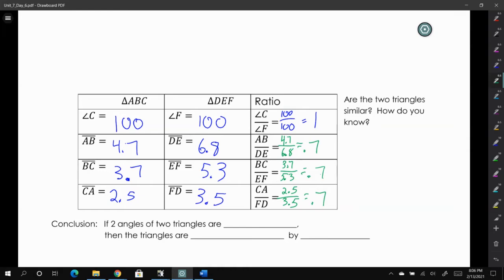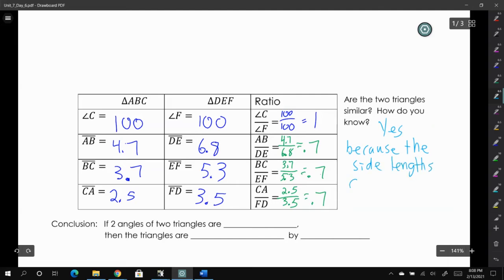So since the corresponding side lengths are proportional and they're all the same, you get 0.7, 0.7, 0.7. So are these two triangles similar? Yes, they are, because the side lengths are proportional.